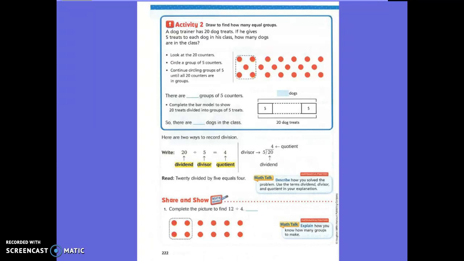How many dogs are in the class? This time, instead of putting counters in each group, we are circling them like we did yesterday. We know there are 5 treats, so we circle in a group of 5. Then we keep circling groups of 5 until we are done.